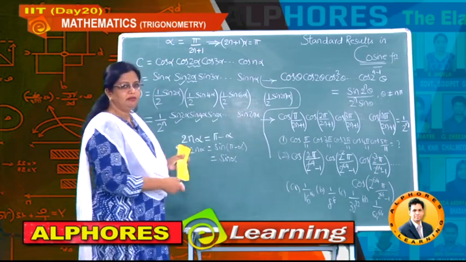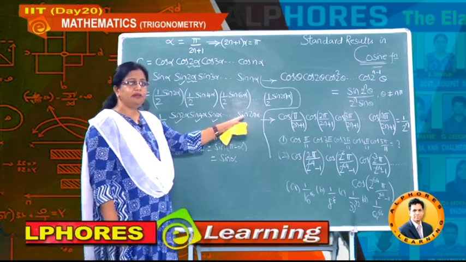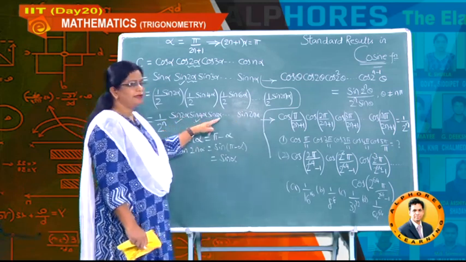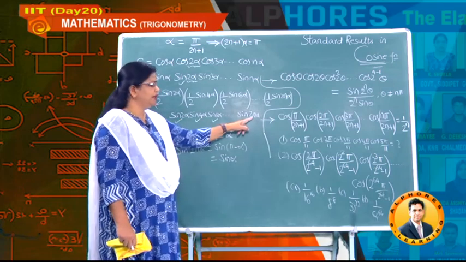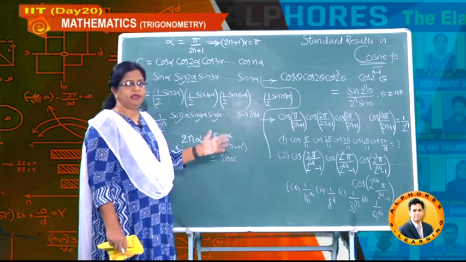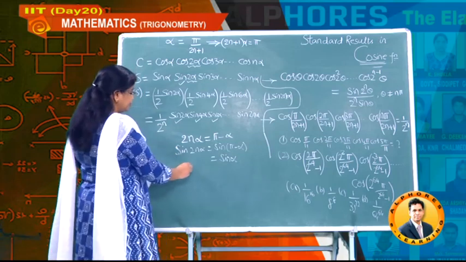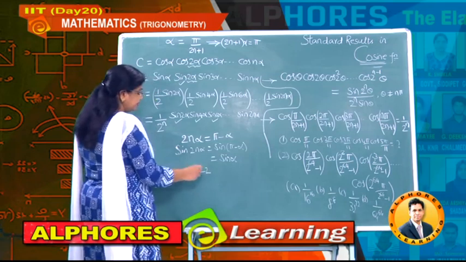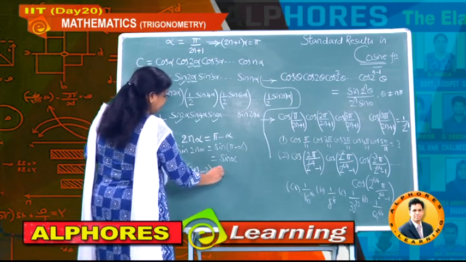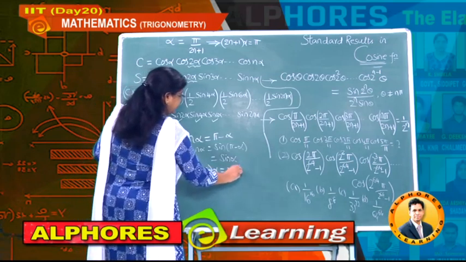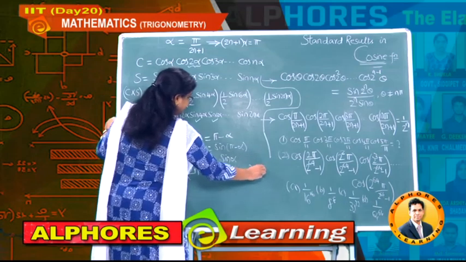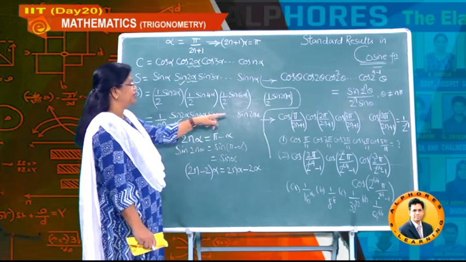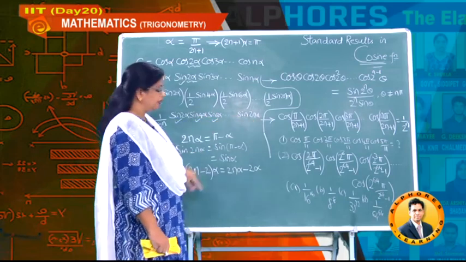And next let us observe the preceding value. What is the preceding value here? 2n minus 2, because observe here all are 2, 4, 6 etc. Therefore the preceding is 2n minus 2 alpha, right, and this value you can write as 2n alpha minus 2 alpha. That means this is 2 into n minus 1 alpha.